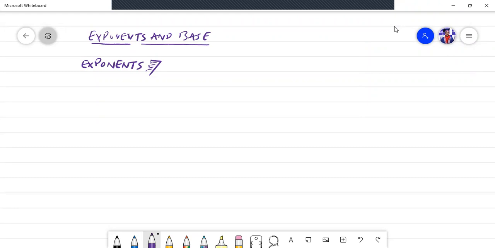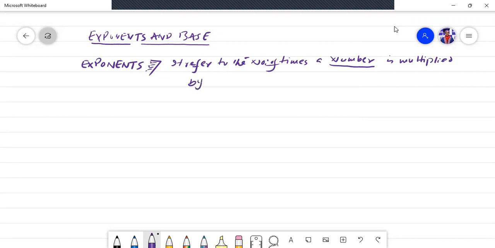The definition of exponent is so simple. It says that it refers to the number of times a number is multiplied by itself.